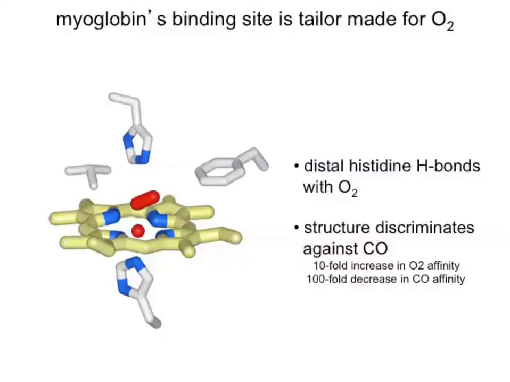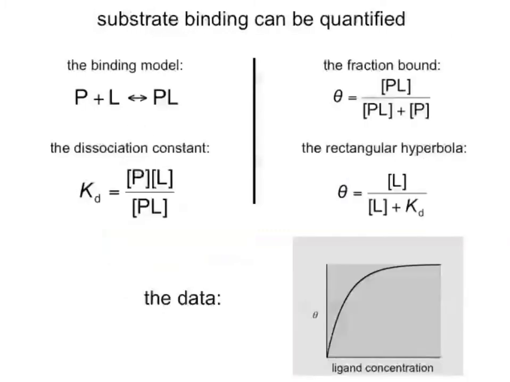So there's a couple hundred-fold difference in the relative concentration of those two gases in any case. On top of that, you have this histidine-induced alteration in the relative affinities of those two. So tailor-made. Who's the tailor? Whoa, natural selection, of course.